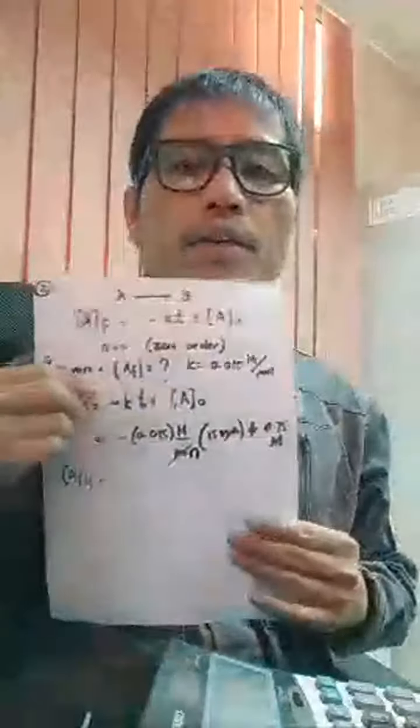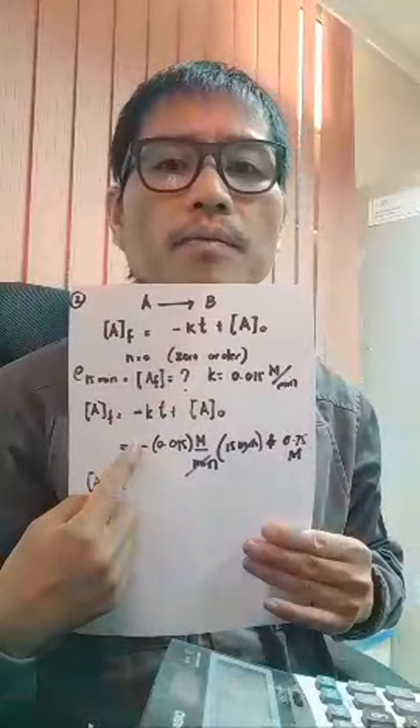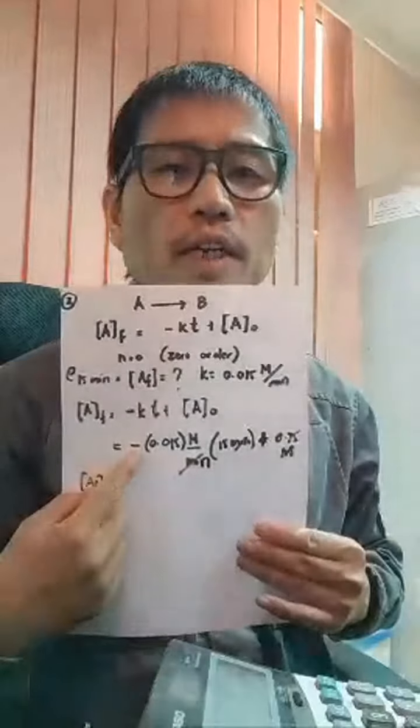That gives negative 0.225 plus 0.75. Okay, the negative here is because we have a negative k here. So our final concentration will be 0.525.